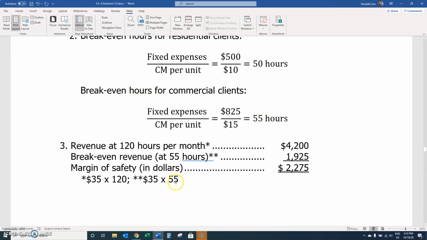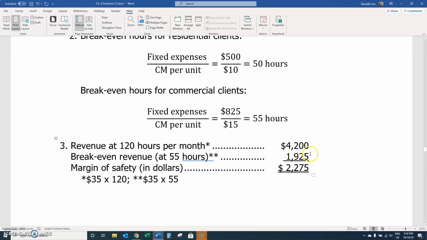So at 55 hours times $35 per hour, it would be $1,925. So his margin of safety is $2,275. And that is basically how much more revenue he's making than what he would need to make at break even.